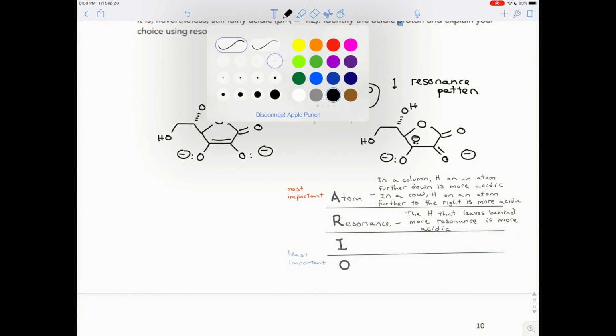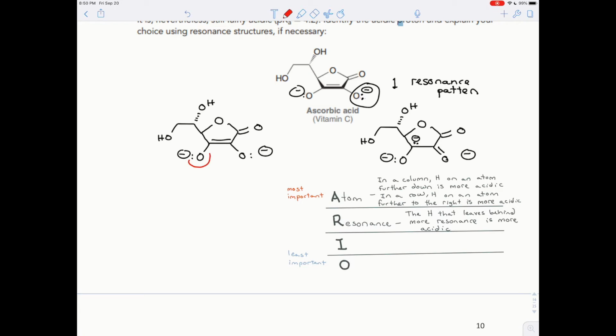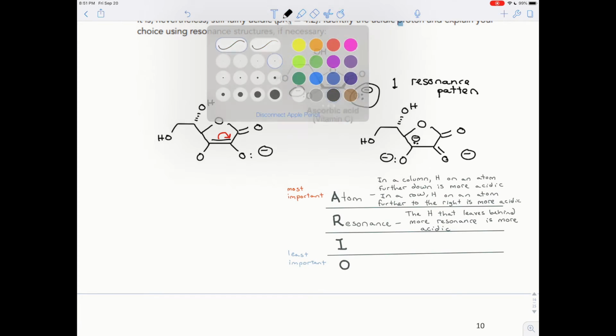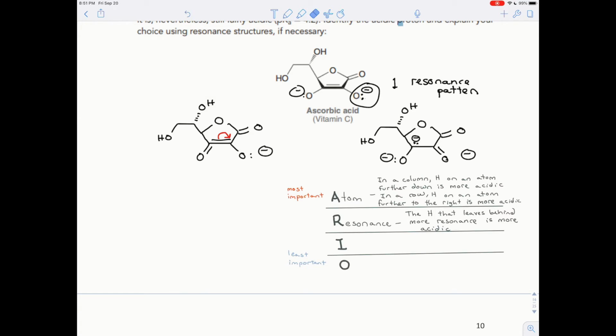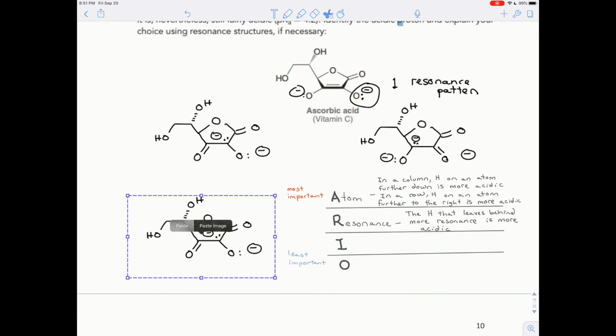Now let's think about the other lone pair. That's allylic, so it would go toward the atom in the double bond. The electrons in the double bond would go onto the atom away from the allylic lone pair. And so you would end up with this structure. And notice that that structure has another resonance pattern in it.